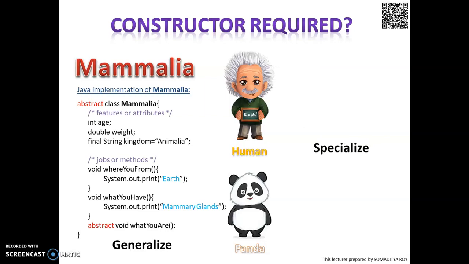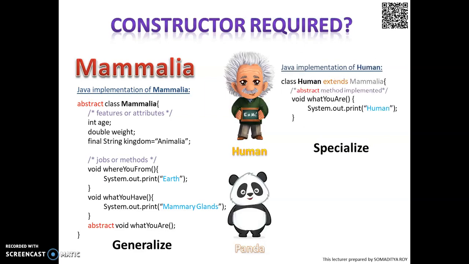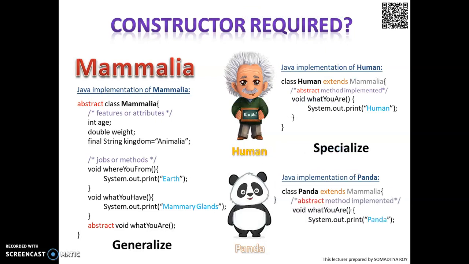Now let's focus on the specialized ones, human and panda. If we focus on human and panda, both of them have the same superclass or parent class, which is mammalia. So they extend the mammalia class.